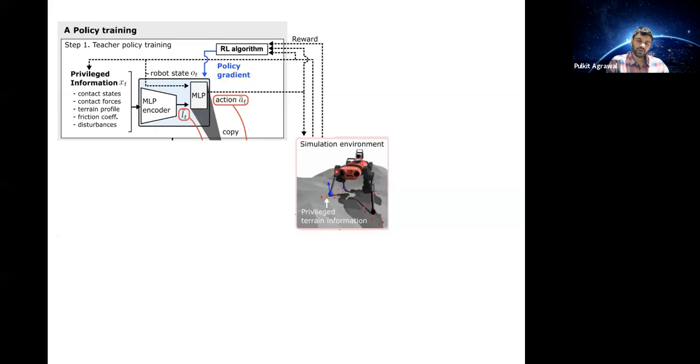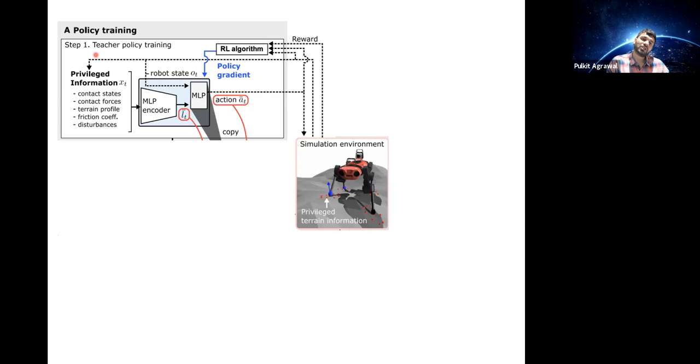We have a simulation environment where we generate random terrains. But in simulation, we have access to some information. For example, whether the legs are in contact with the ground, what the contact forces are, what the friction coefficients are, and so on. These things are measurable in simulation, but not necessarily in the real world.